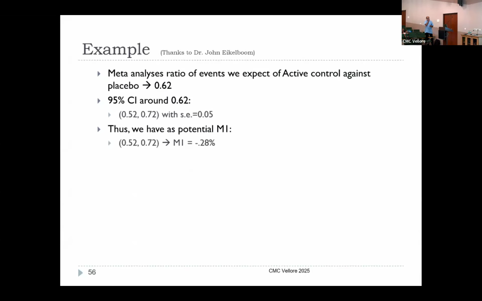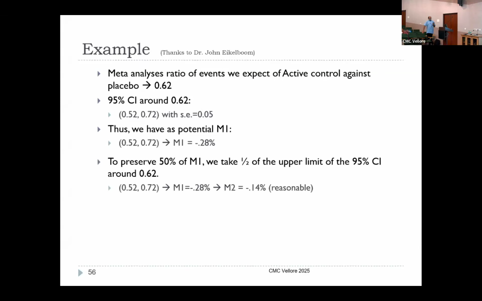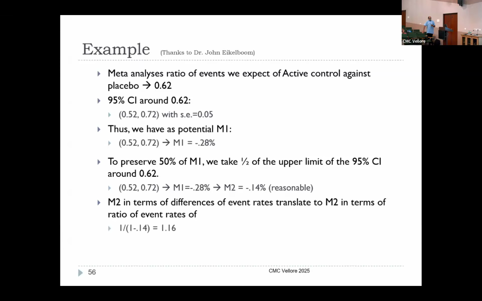So in their particular study, the potential M1 was minus 0.28, and to preserve half of it, the half of the upper limit was around 0.62. And so M2 was minus 0.14. So that's half of 0.28. And you could do it in absolute differences, or you could do it in relative differences.